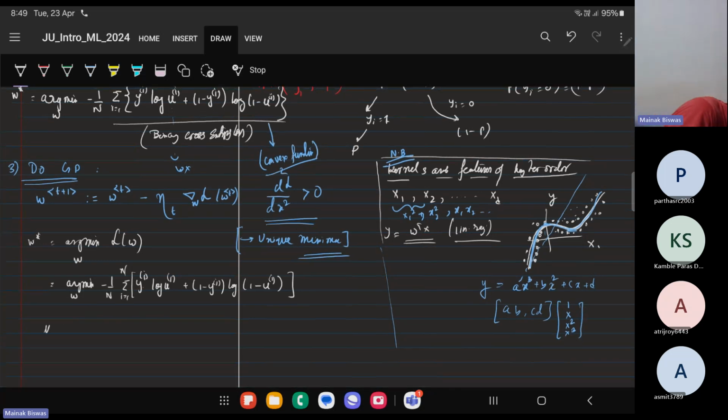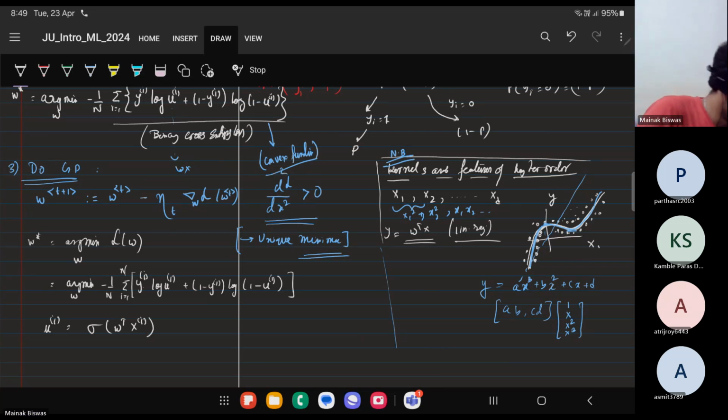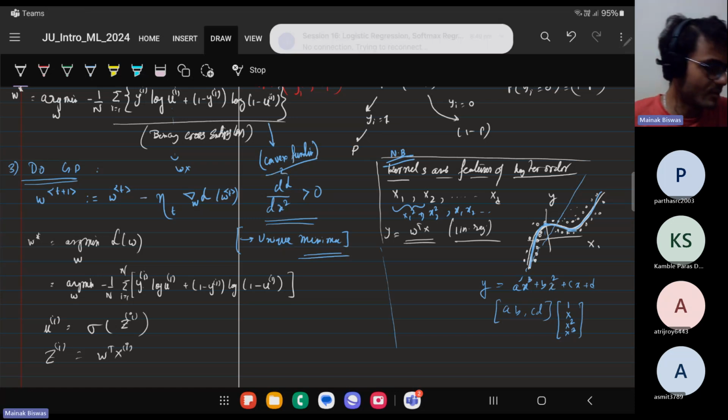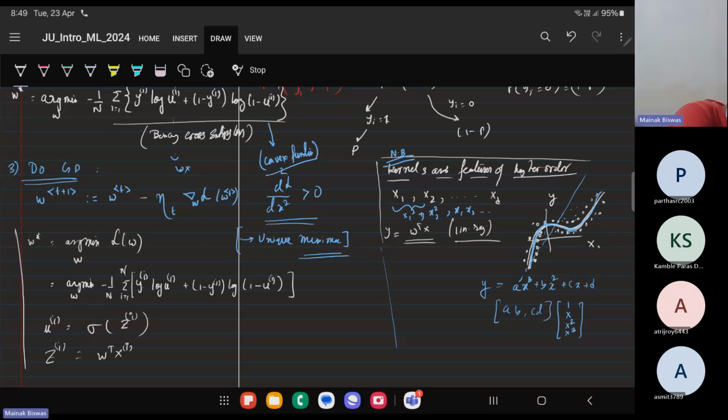Let me write down all the equations. Sigma of w transpose x i, right? Let me write it simpler. Is this okay to everyone? If it is clear, so this is my logistic regression algorithm.